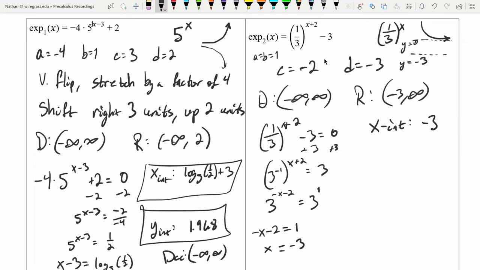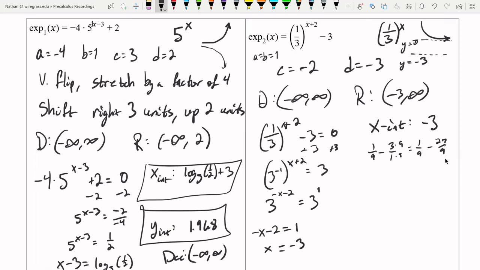The y-intercept, plug in x equals 0 in here. We get 0 plus 2 is 2. 1/3 squared is 1/9 minus 3. So we have 1/9 minus 3 over 1. That's going to be 27 over 9.